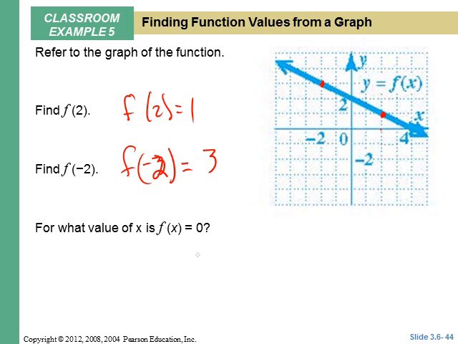For what value of x is f of x 0? So where do we cross the 0 axis? Looks like about 4, huh? F of 4 is 0. Next one.